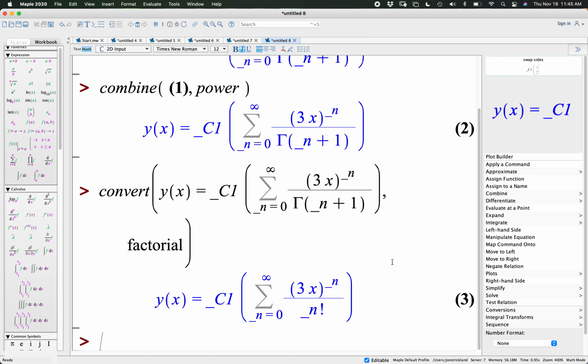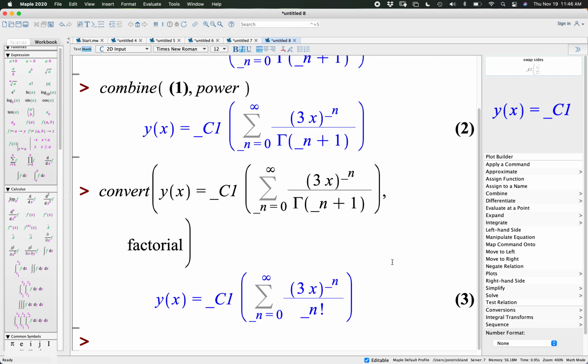Okay, and let's say we have a homogeneous equation. We have y double prime plus 4y is equal to 0. And now we're going to put this in formal series terms.